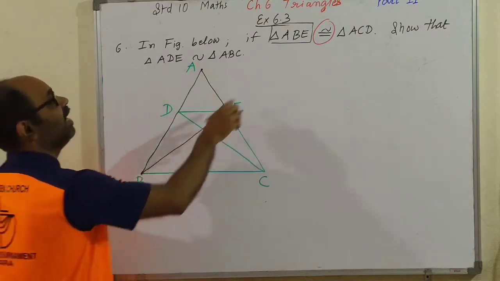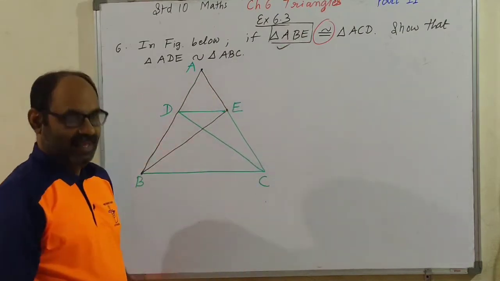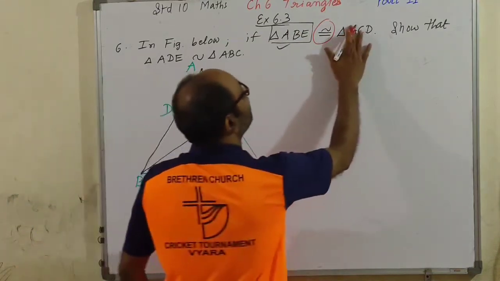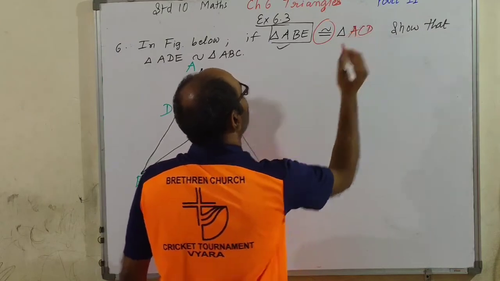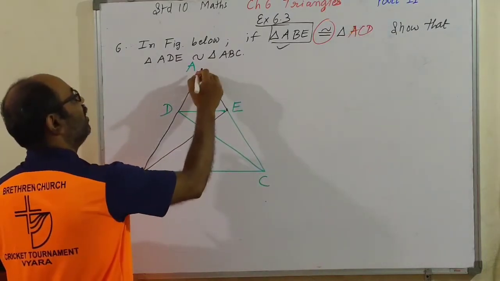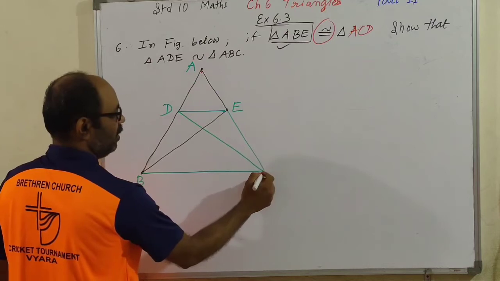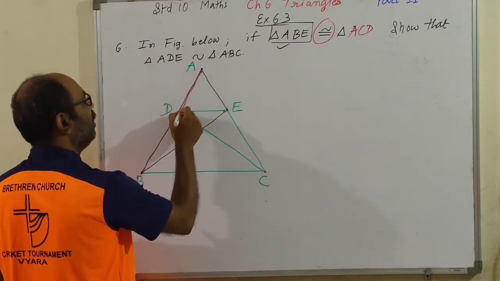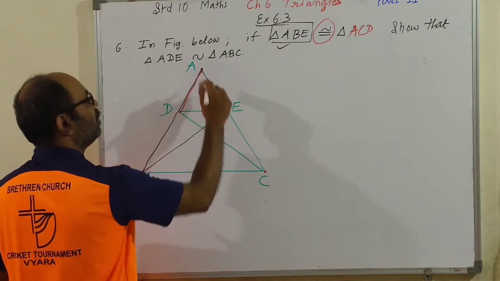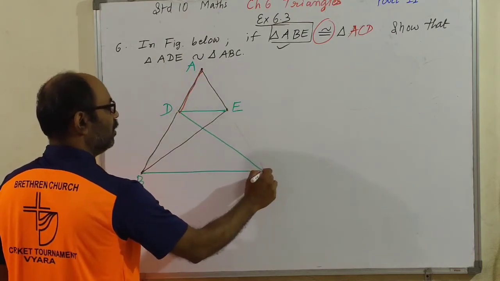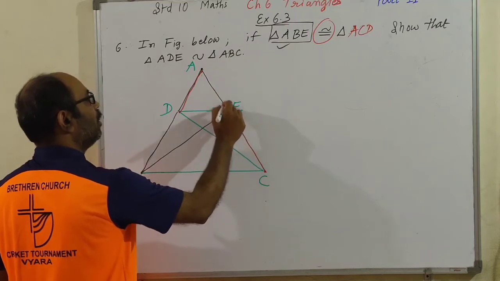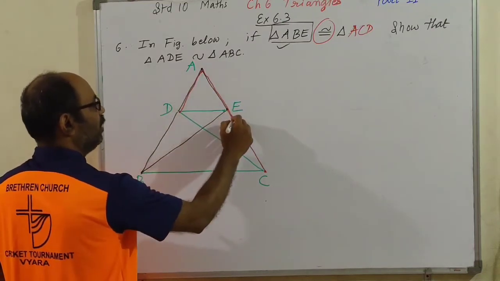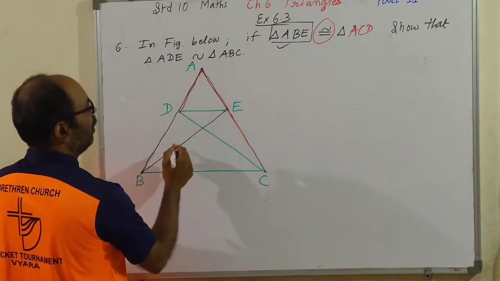So this black triangle ABE is congruent to red triangle ACD. Let's put red for that. A, C, and D. This. And this.